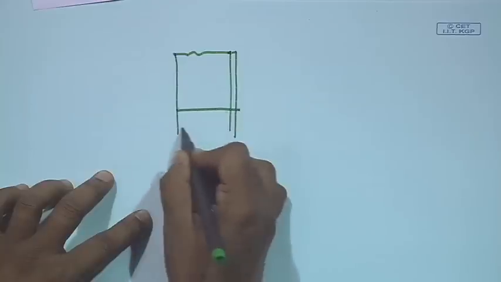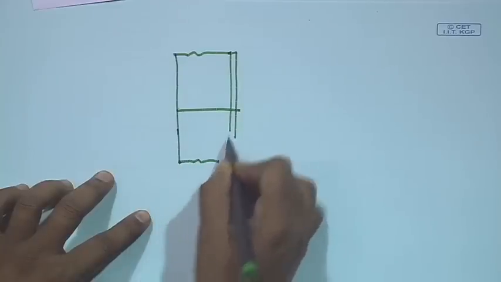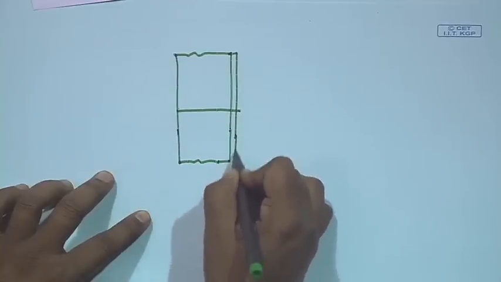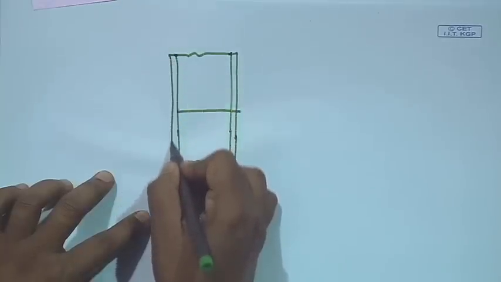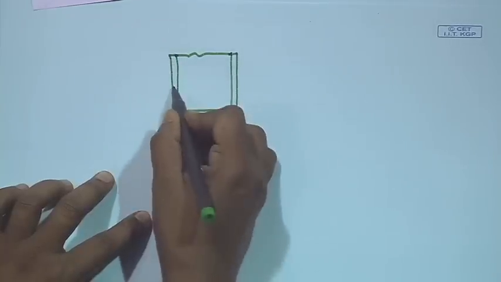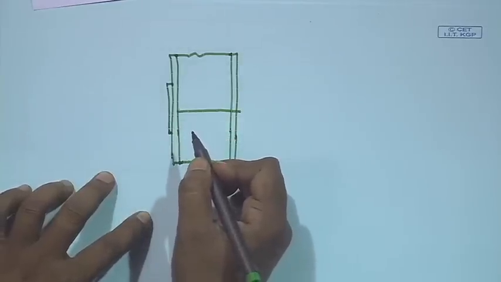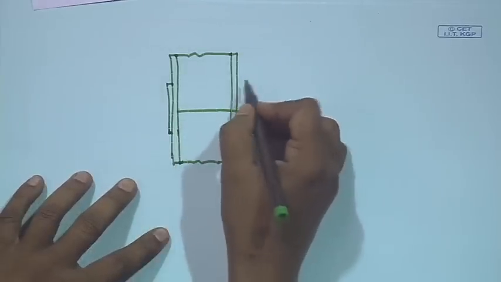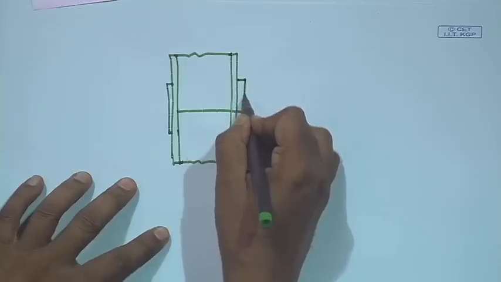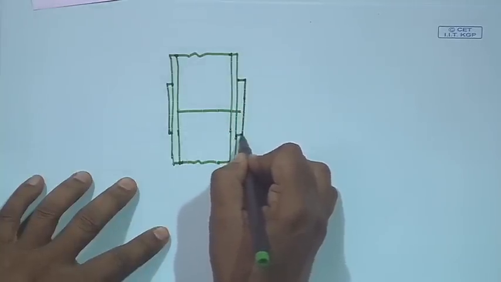Say columns are spliced by bolt connection. So, these are the column flanges which are spliced due to complete bearing.